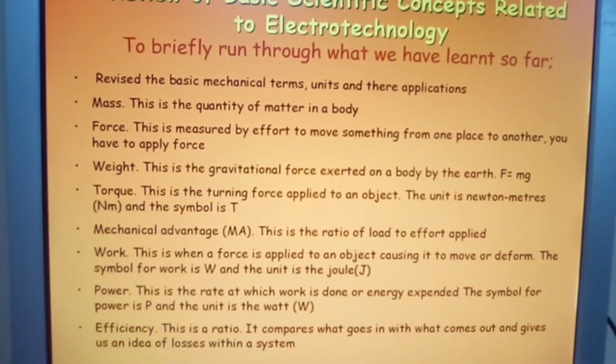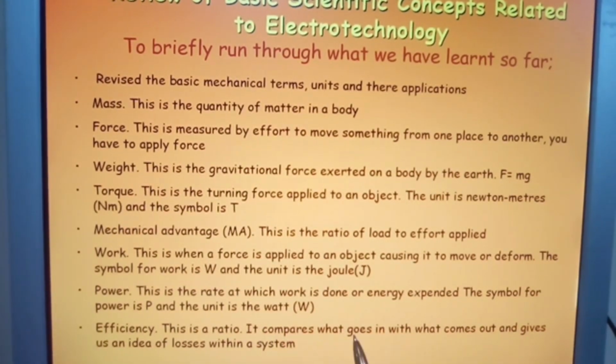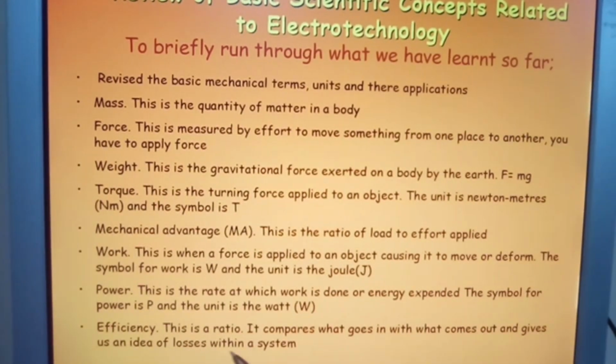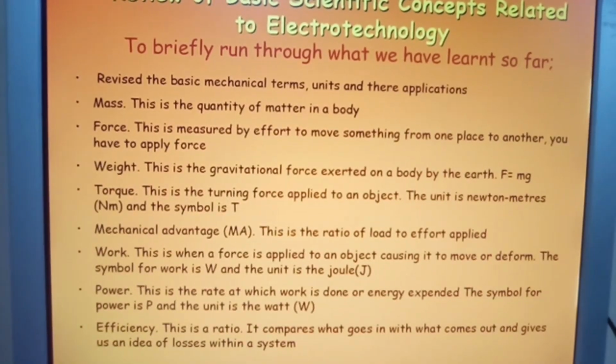Okay, now here we have efficiency. This is a ratio. It compares what goes in with what comes out and gives us an idea of losses within a system. Okay.